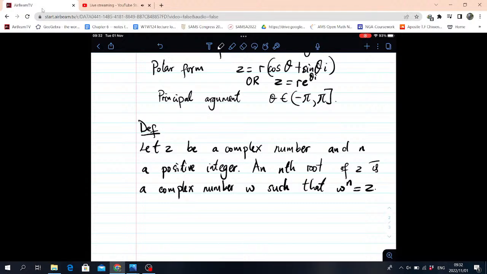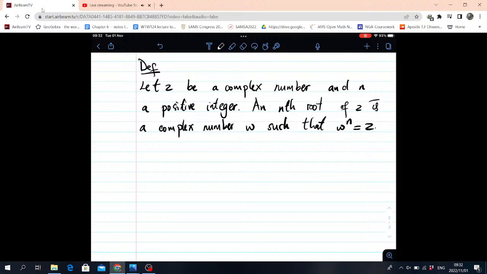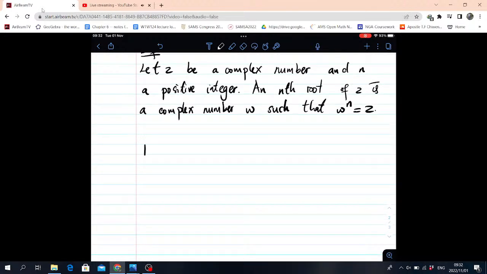Right. So this is nth roots of complex numbers, not roots of unity, but of complex numbers.